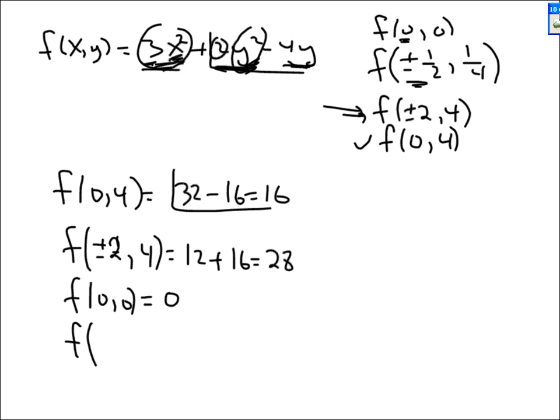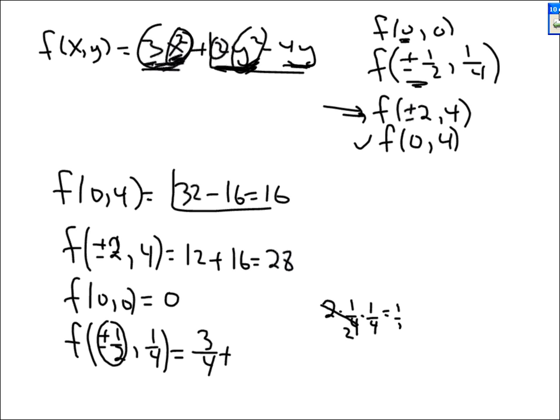Now we have to do f of plus minus a half, comma, a quarter. You square a half, you get a quarter. You square plus minus a half, you get a quarter. Times it by 3, you get 3/4, plus 2 times a quarter squared. That's a half times a quarter, which is an eighth.